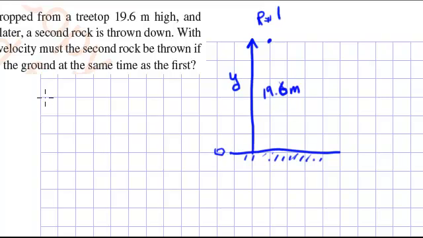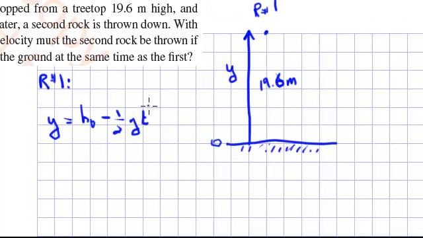So for a kinematic equation for rock number 1, we can write that its position above the ground, its height above the ground, is h naught minus 1/2 gt squared.